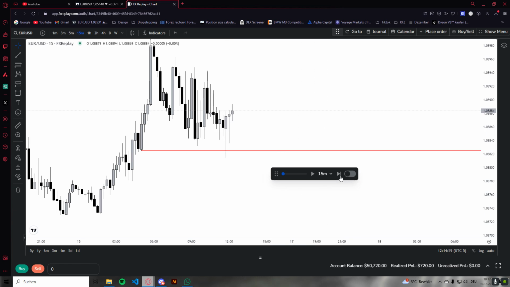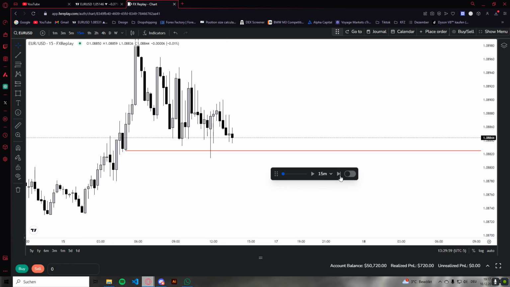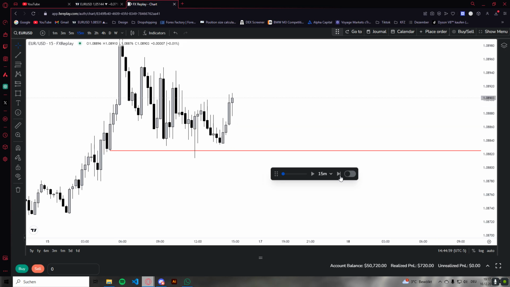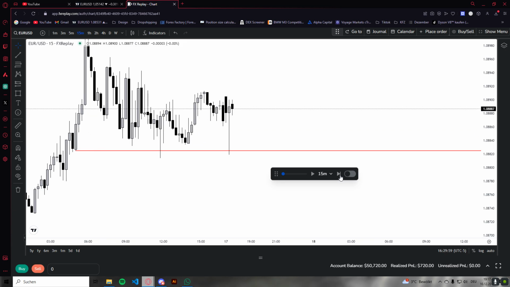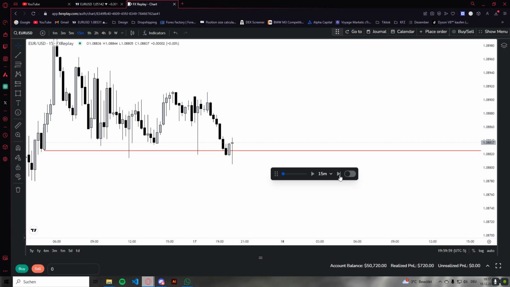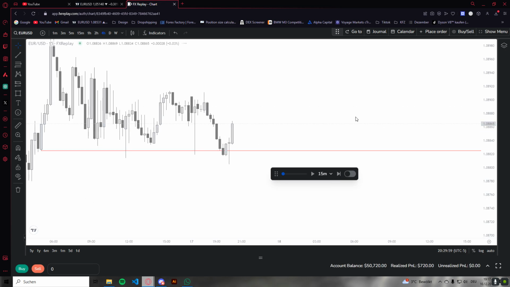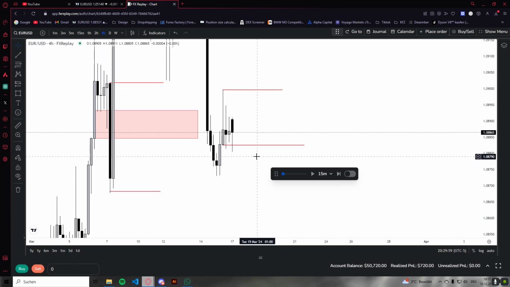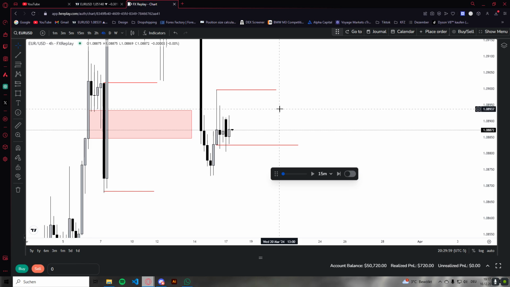Let's wait for a black candle going into it. Yeah, now maybe let's check the chart. No, it got too late, to be honest. So we're going to go for the next day.